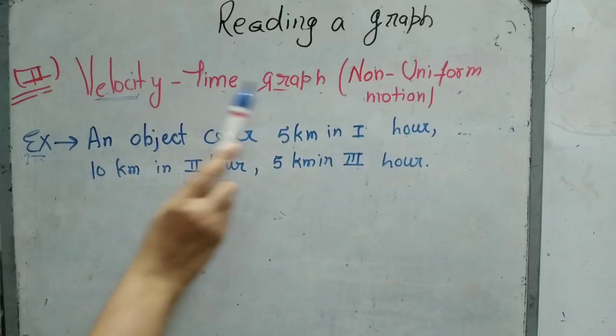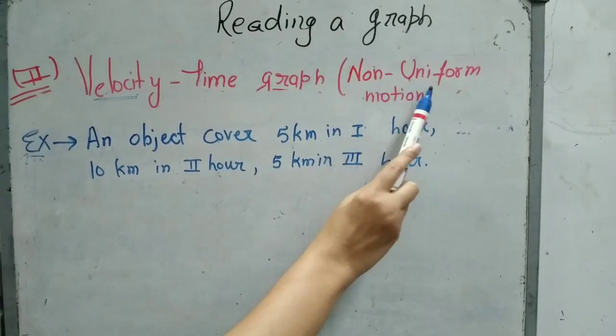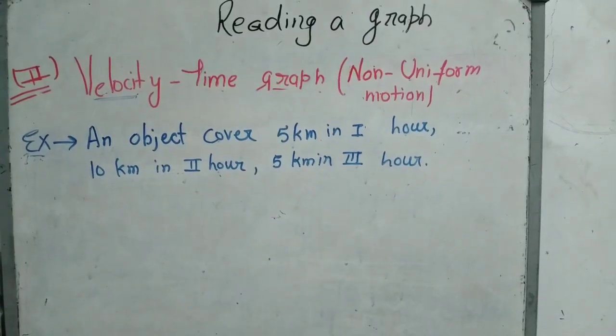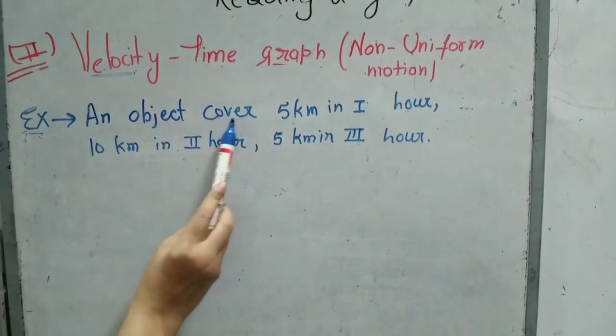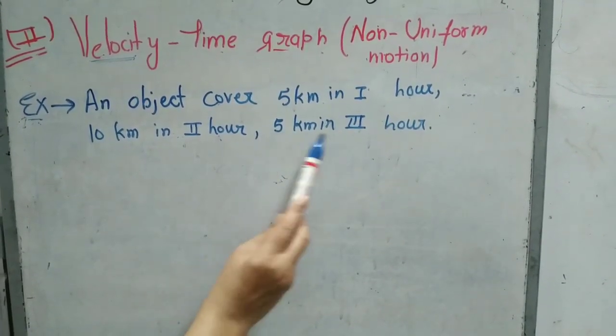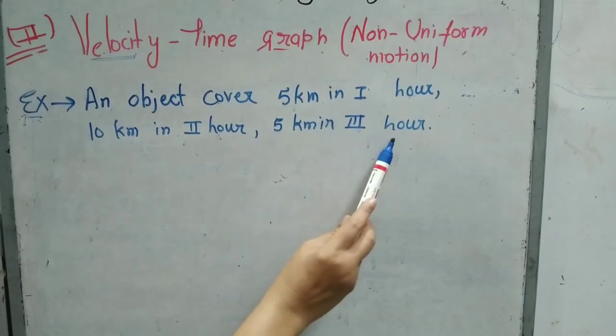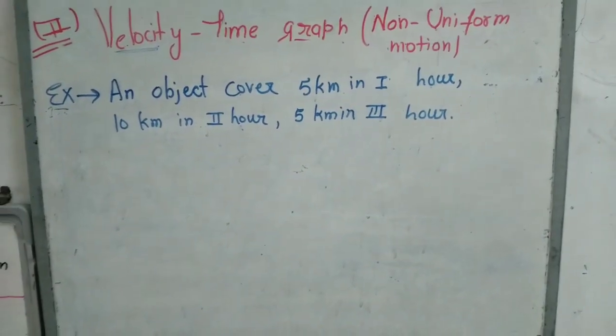The next condition of the velocity time graph is when an object is moving with non-uniform motion. So again, the same example: an object covers 5 km in the first hour, 10 km in the second hour, and 5 km in the third hour. That means the object is moving with non-uniform motion.